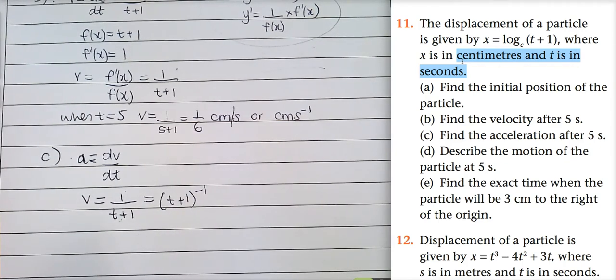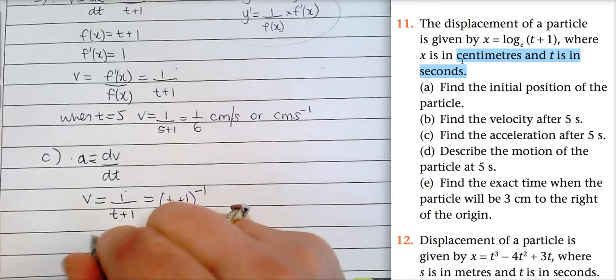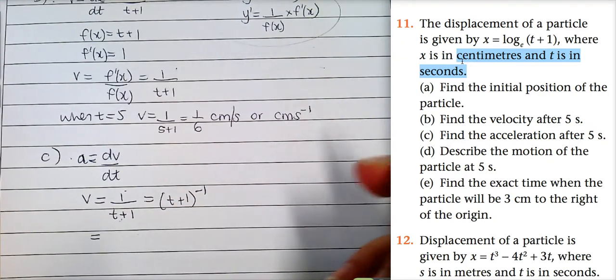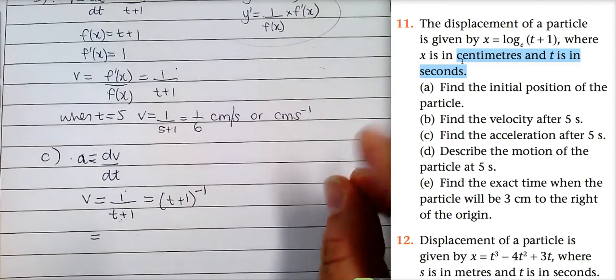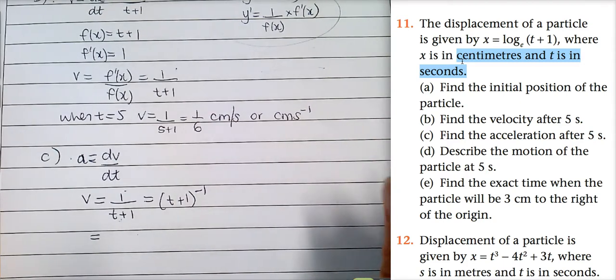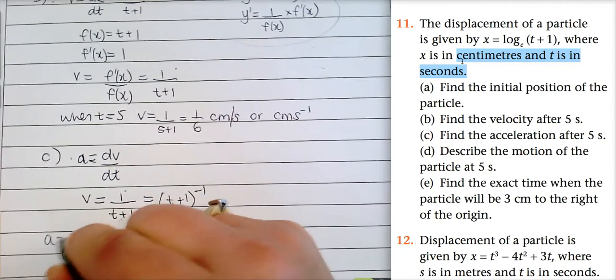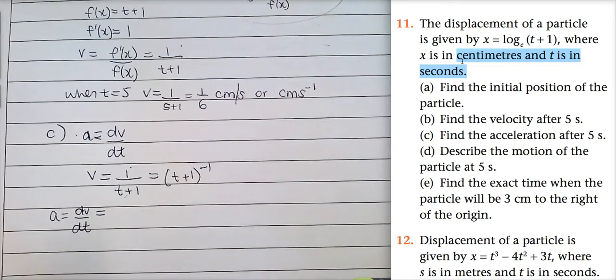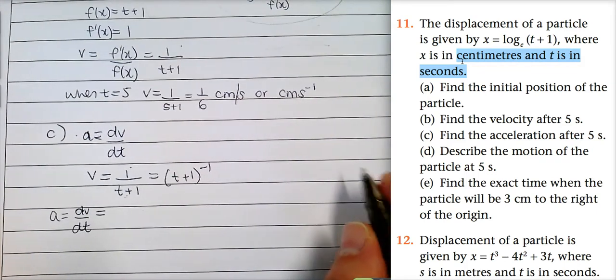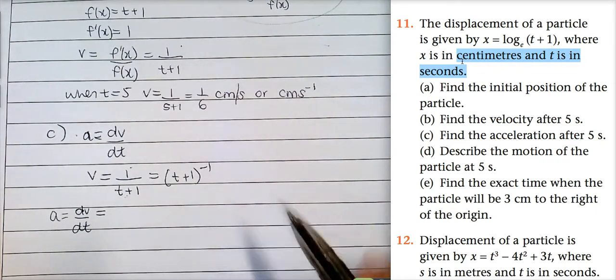For part B it's after 5 seconds and part C is after 5. But first you've got to work out the equation for acceleration and then you substitute t is 5. So acceleration, which is dv/dt, what do you do? Differentiate.